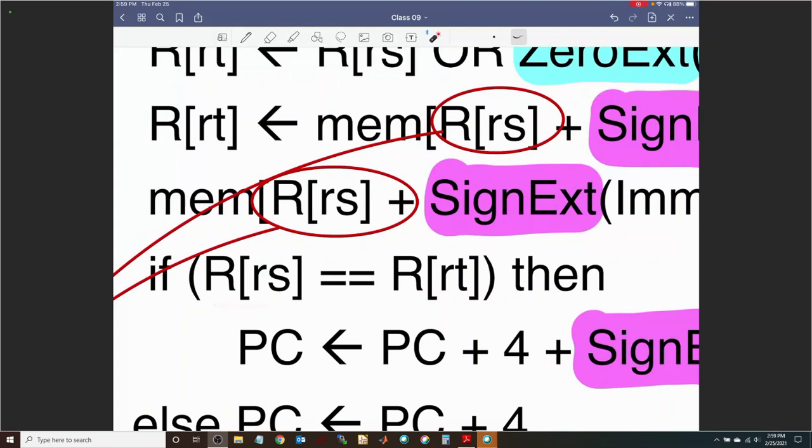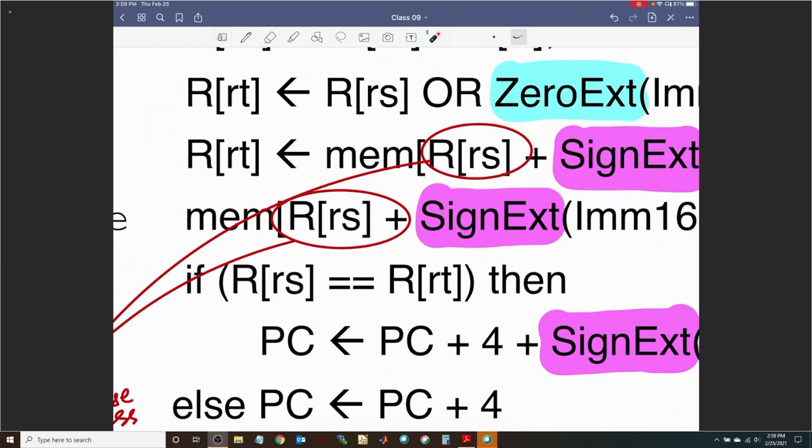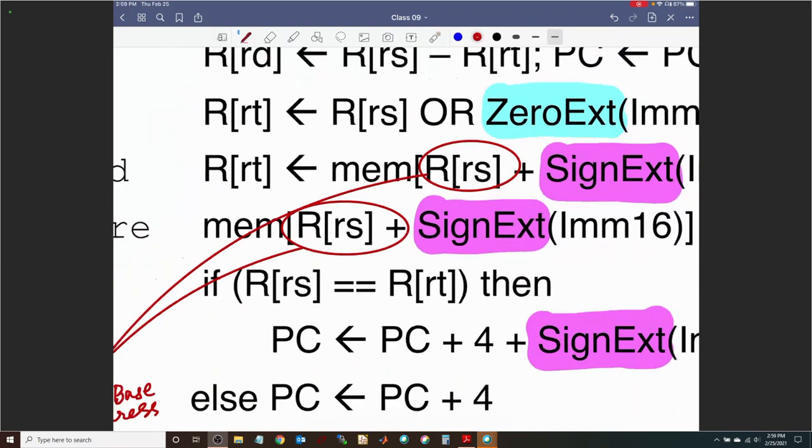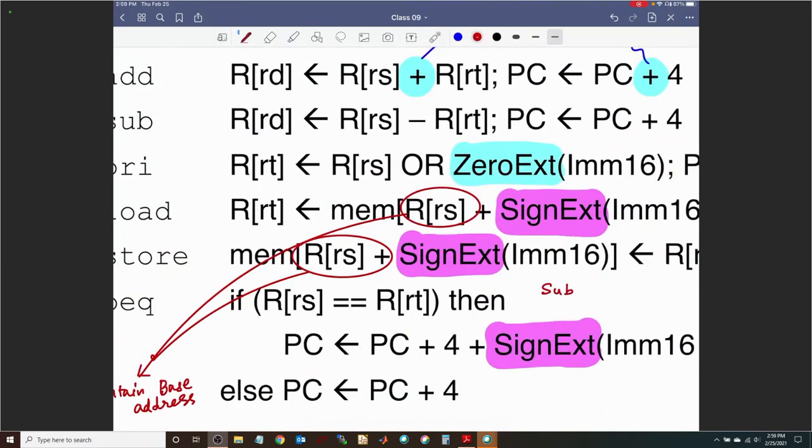But zoom out and think about this. You are just trying to compare the contents of RS and RT, right? Can I just do a subtraction? I will just do a subtraction between the contents of RS and RT, and if the result of that subtraction operation, which I can perform using the ALU very quickly, is 0, then I know it is equal, right?